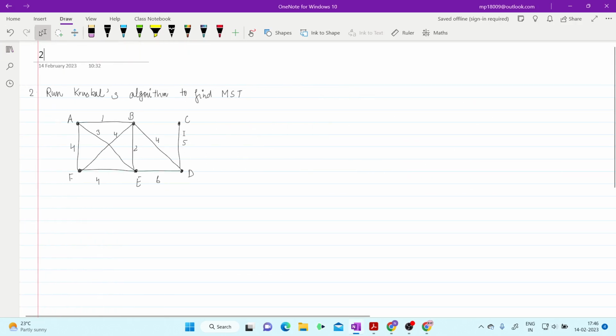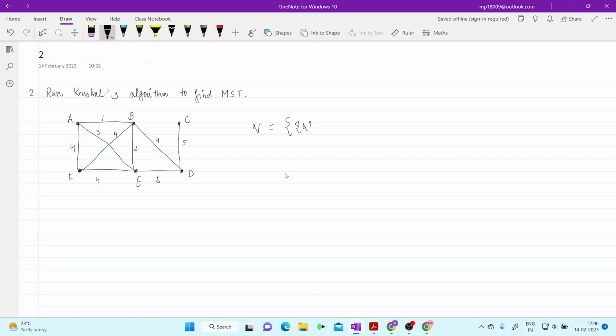Okay. So now the second question is to find the minimal spanning tree using Kruskal's algorithm. So what does the algorithm say? First we take our sets to be singletons.